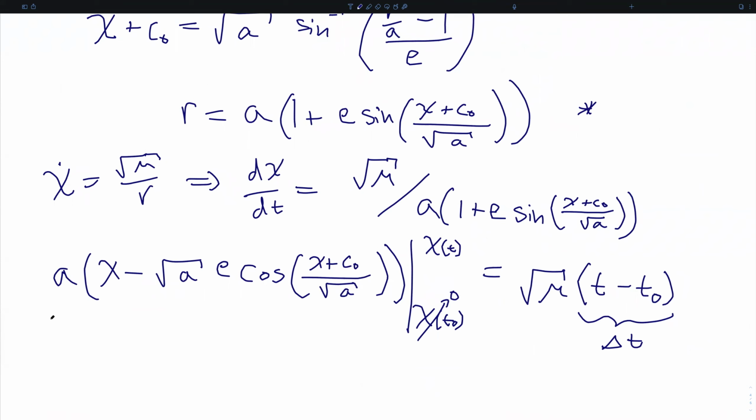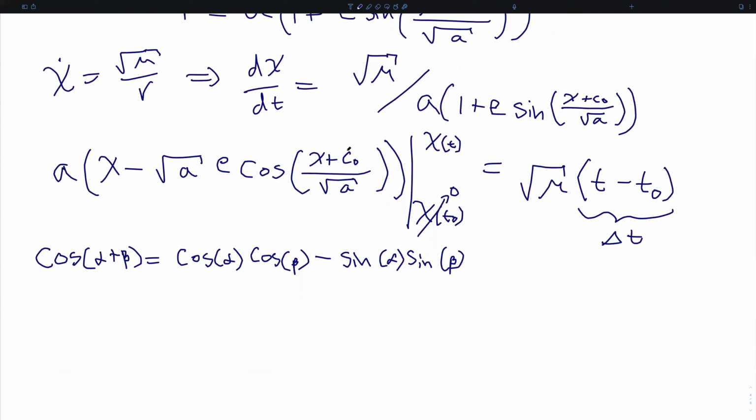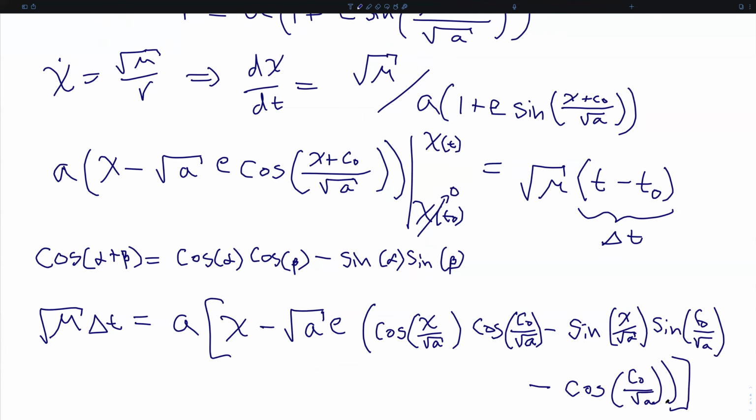First, recall the trigonometric addition formulas. So cosine of alpha plus beta is cosine alpha, cosine beta minus sine alpha, sine beta. If we apply this to this expression here, what we will get is, so we have taken this summation where each term is scaled by root a.